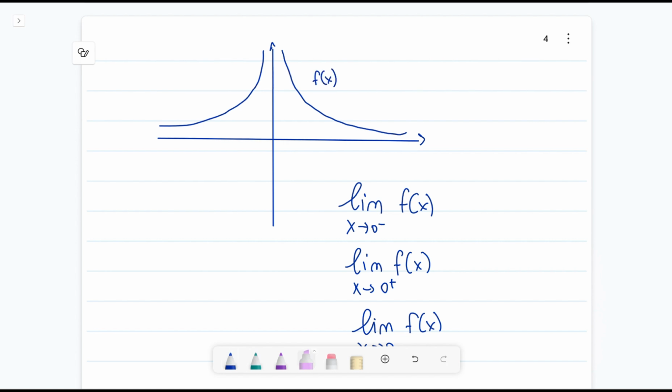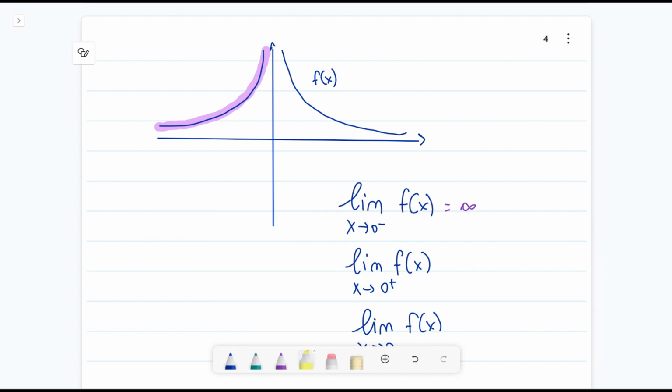We will get close to 0, but we don't touch 0. And we notice that this function will keep on increasing upwards, but it never touches x equals 0. Because it will keep on going up and up, the limit as x approaches 0 from the left of f of x is infinity.